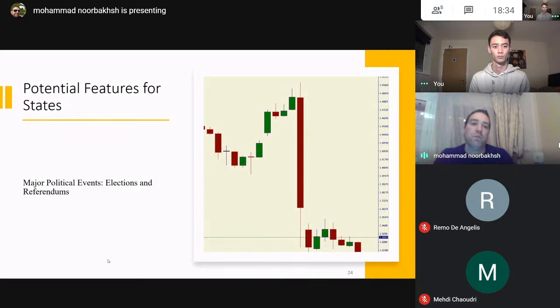So maybe we have to include this information as a feature for the states, and maybe the agent learns to avoid trading on these days, or maybe 1 week prior to these events, because it's very risky and there's volatility in outcomes. So this could be a feature for this.